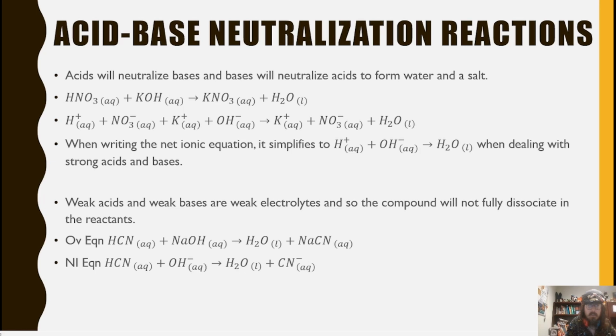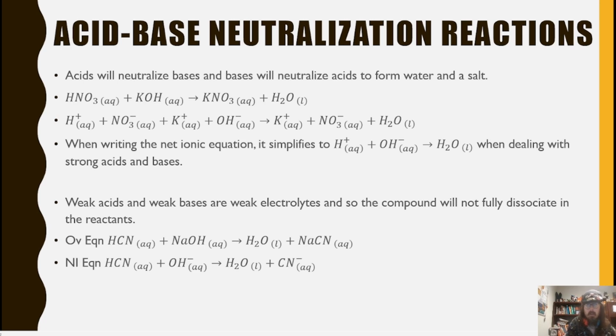Now, why doesn't this simply go backwards? It's because water is a liquid. It is a pure liquid rather than aqueous. And so, because it's switched states of matter, we no longer break this apart into H plus and OH minus.